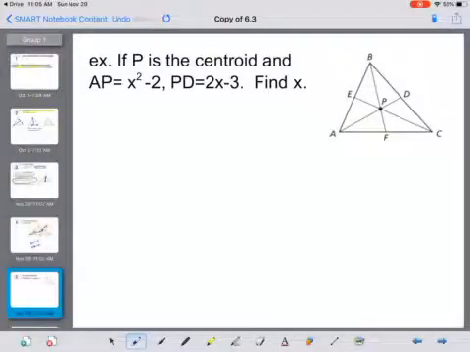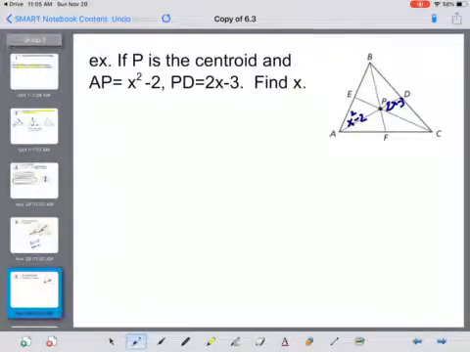So we can do the same thing if we have it with some algebra. So let's first mark up AP as x squared minus 2, and PD is 2x minus 3.